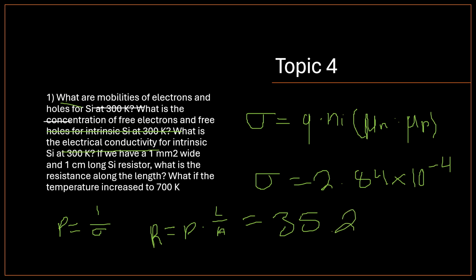Now, what if the temperature is increased to 700K? Now let's move into that. If the temperature were to be increased to 700K, I don't think I have the room to write it out, but if you go through our example that we just did, first you would have to find the electron mobility and hole mobility, which are typical literature values. You can search that up, and it should give you that answer.